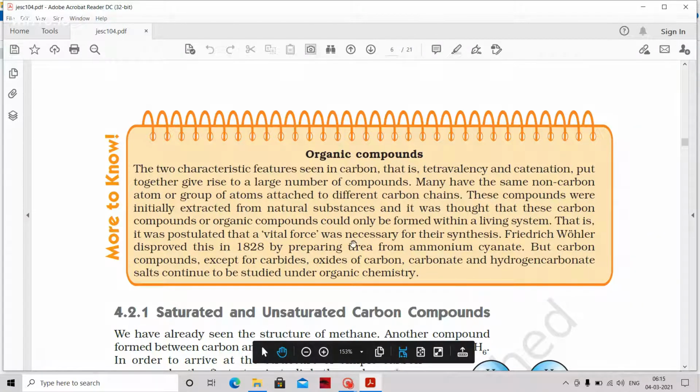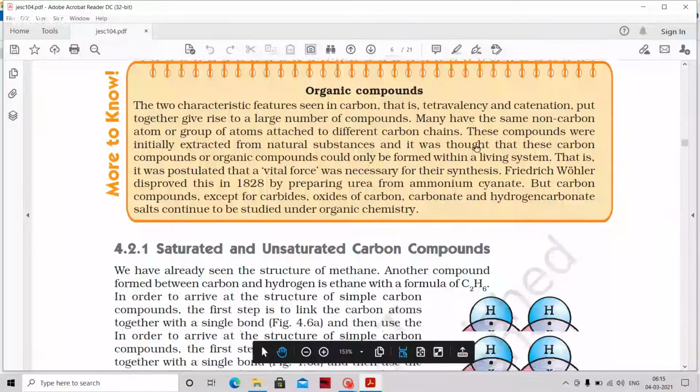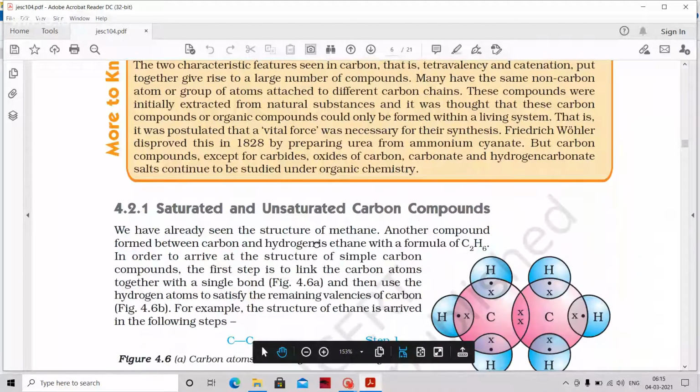He synthesized urea from ammonium cyanate and disproved that these carbon compounds cannot be made in a lab, and that a vital force is making them. So all these we study under organic chemistry, carbon compounds.